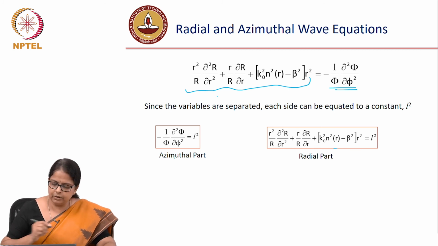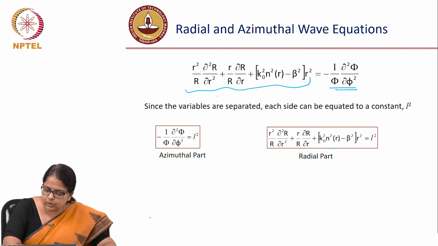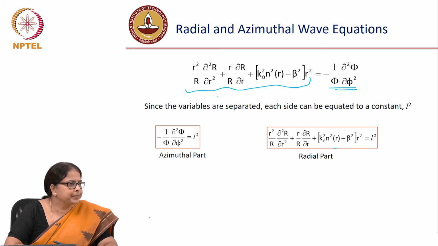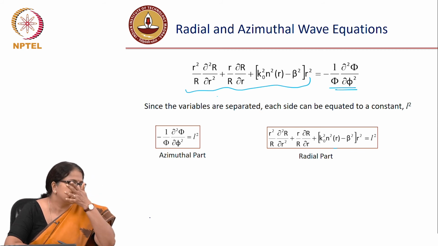Okay. Now what is the solution of this part? 1 by phi del square phi by del phi square is equal to a constant L square. Is cos L phi a solution? Is sin L phi a solution? I mean, this is a simple second order differential equation which has a harmonic solution.